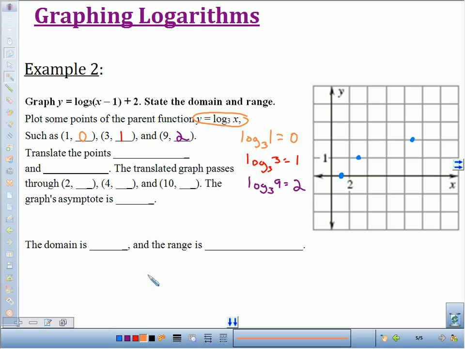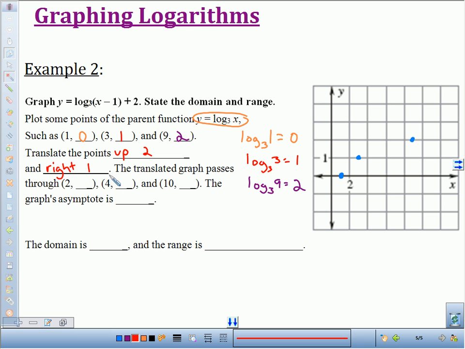Instead, I'm going to translate my points up 2 and to the right 1.